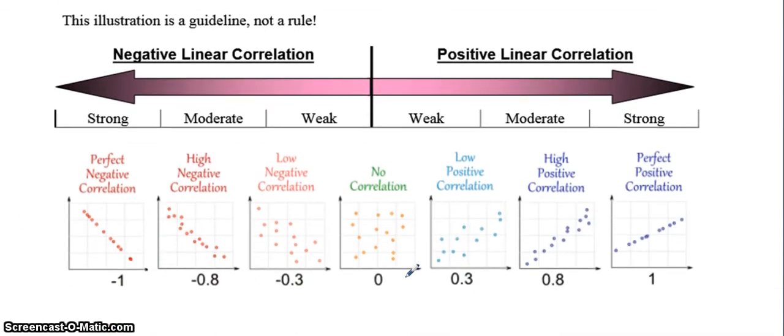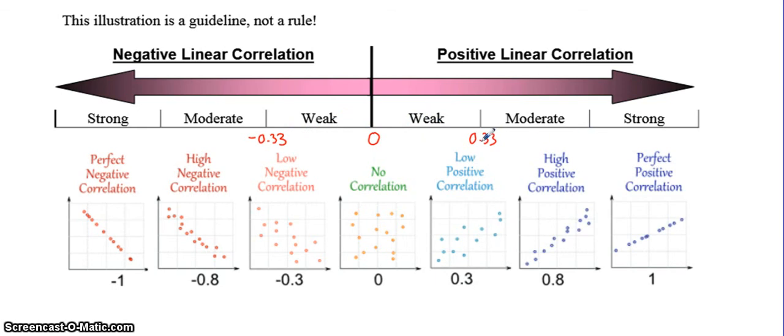So this illustration is just a guideline, not a rule. So 0 would be no correlation, -1 would be a perfect negative correlation, +1 would be a perfect positive correlation. Now, an r value anywhere from 0 to about 0.33 or -0.33 would be considered a weak correlation.